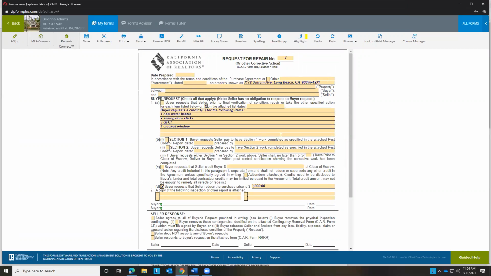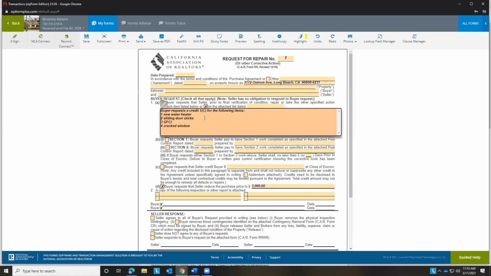Okay, so back to this. If the buyer wants a credit but wants to say why they want that credit, this is the best verbiage I've found. You don't check box A, you only check the box about the credit, and you write, buyer requests a credit, 1C, sorry, 1D, not C. No, I am right, 1C.